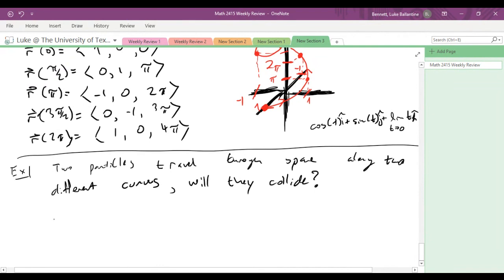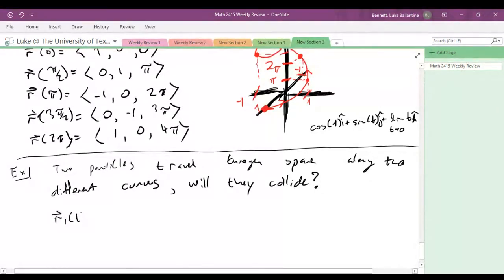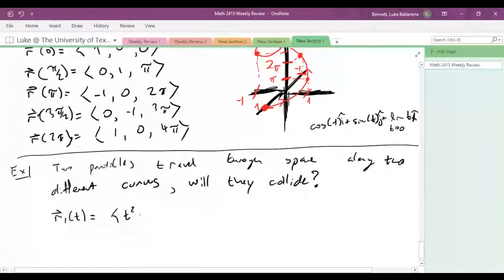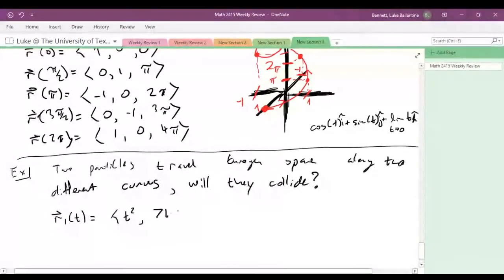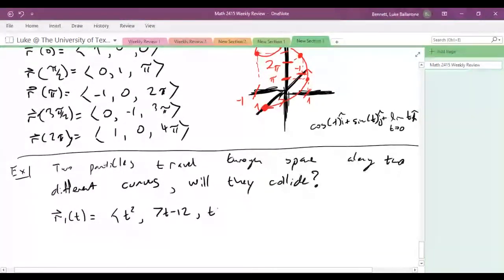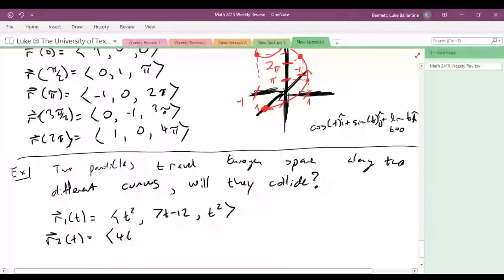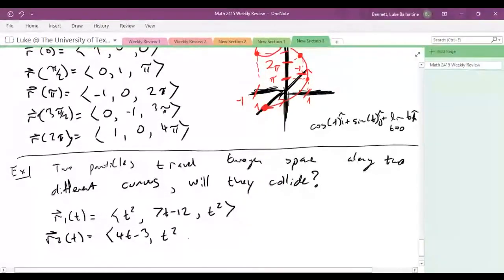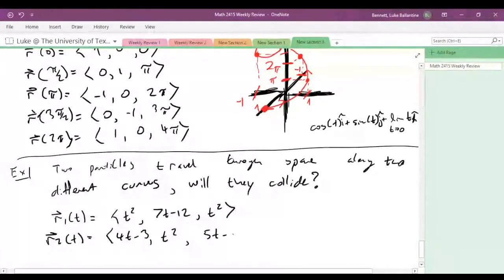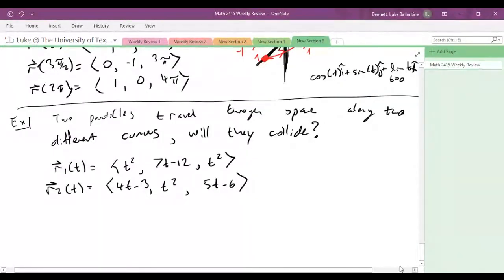So I'm going to give you two vector value functions. R1 of t equals t squared, 7, minus 12 t squared. R2 of t equals 4t minus 3, t squared, 5t minus 6. Will they collide?